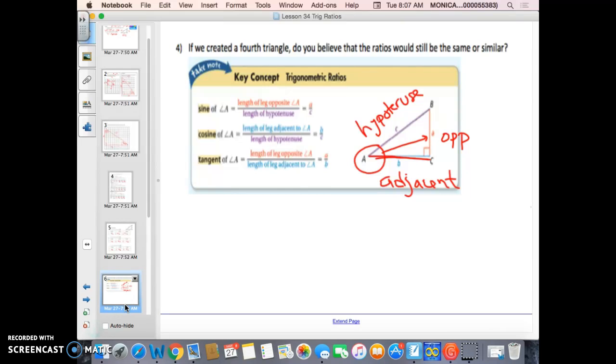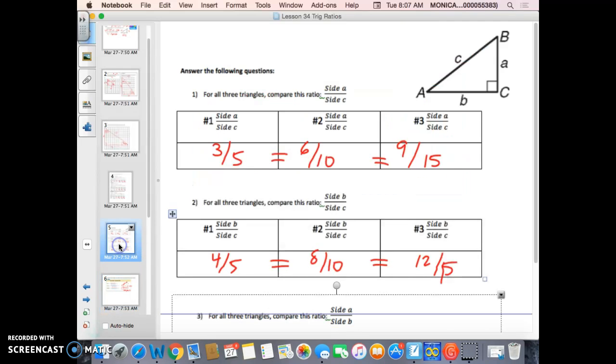So if we look back at these ratios that we just discovered, it doesn't matter what triangle we're looking at because they're all similar. This ratio here of side A, remember this is the angle we're focused on. Side A was the opposite. This is adjacent. It's next to it, and this is the hypotenuse.